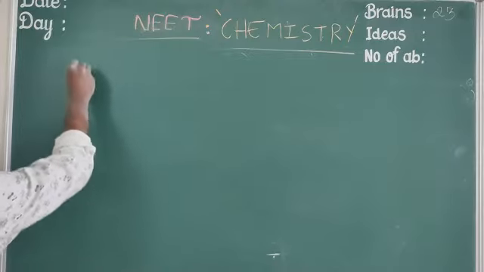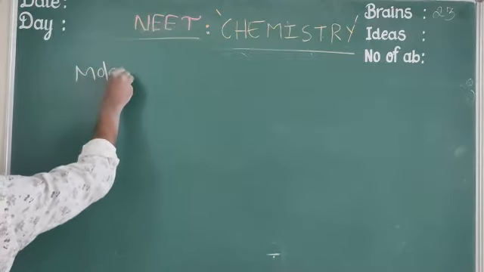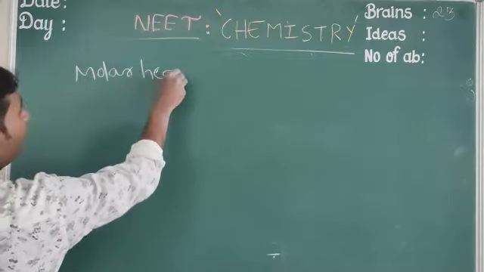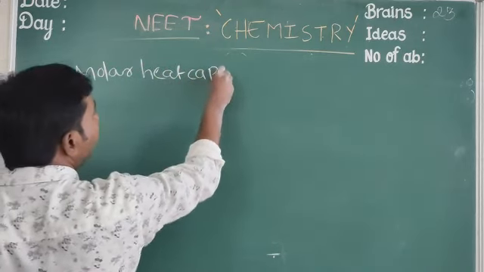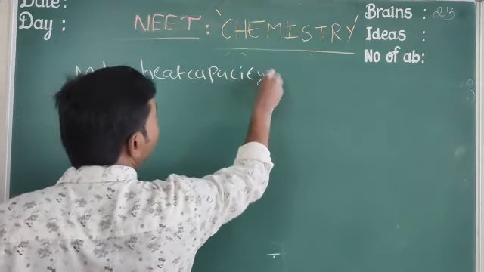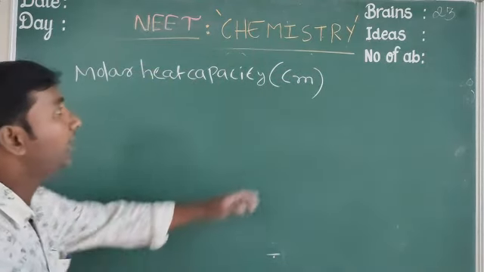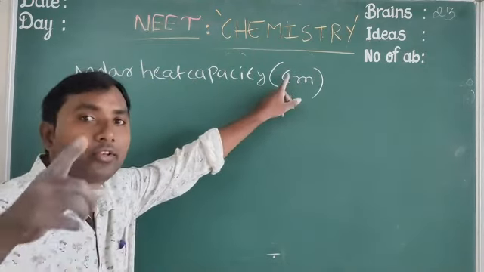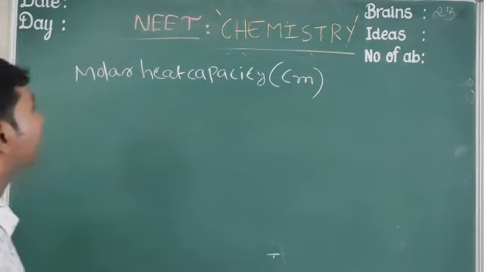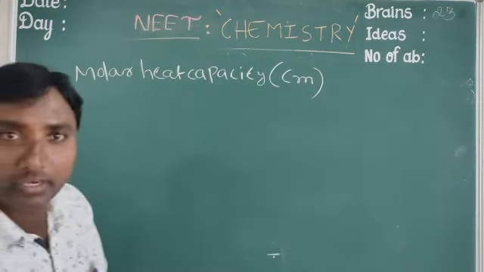Next one, molar heat capacity. Molar heat capacity is represented by Cm. M means molar, C means heat capacity. What does molar heat capacity mean?